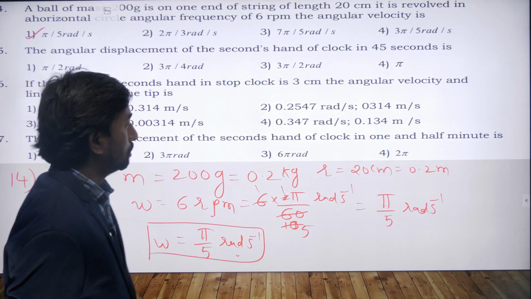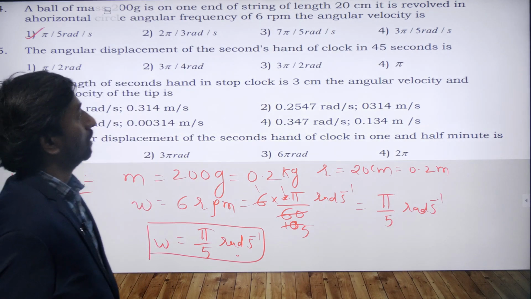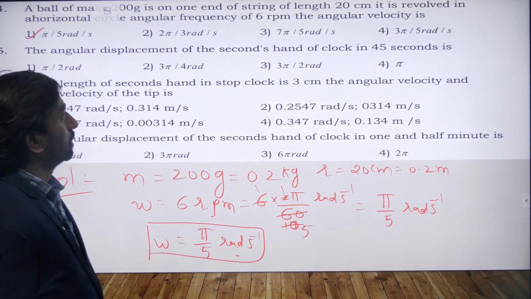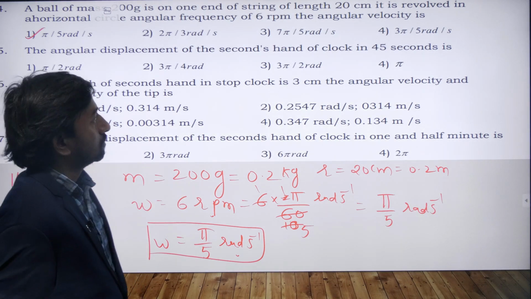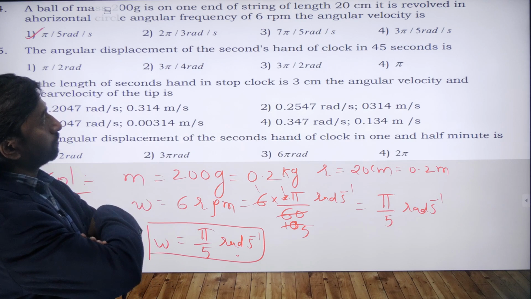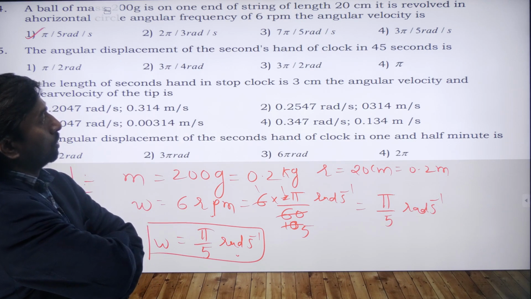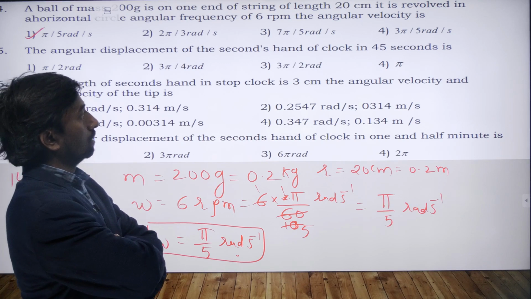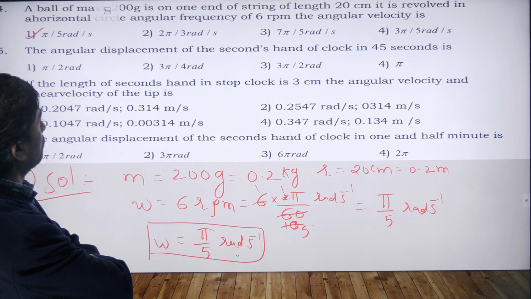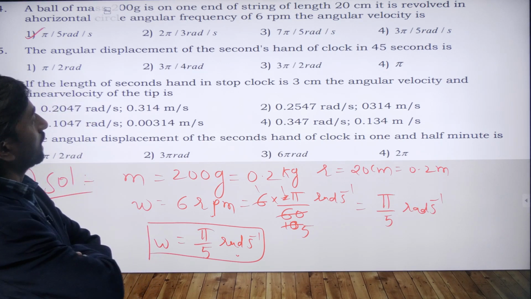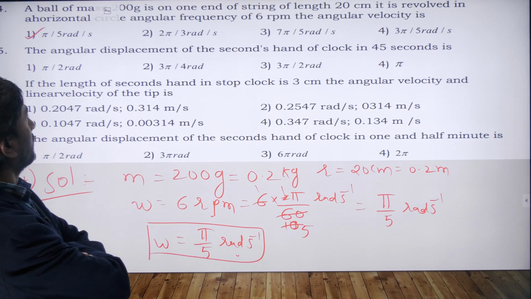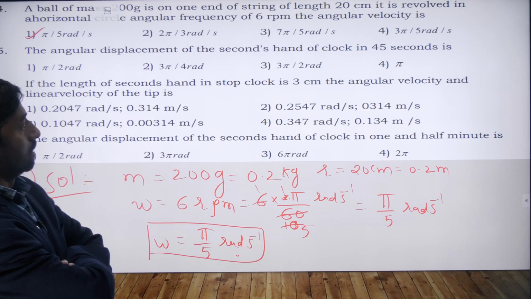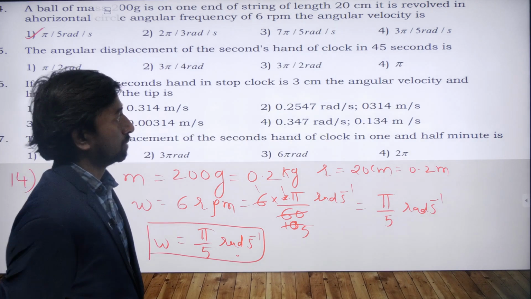So for angular speed we can take 3 by 4th of a revolution per time, and the time here is 45 seconds. But they are asking angular displacement only, not the angular velocity. So we should find out only the angular displacement.